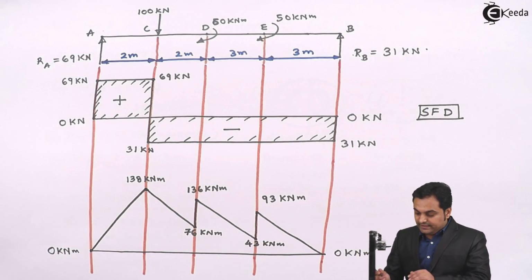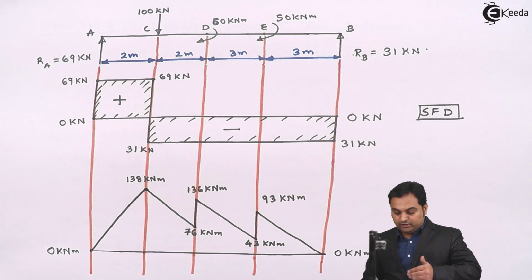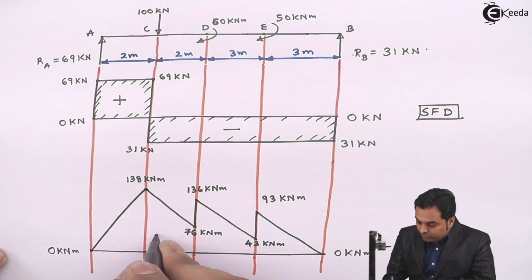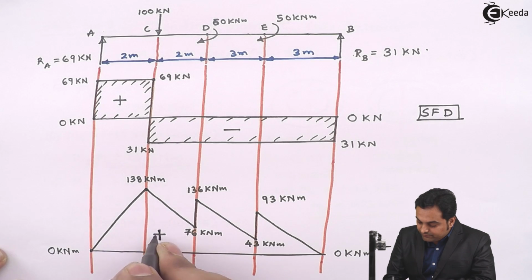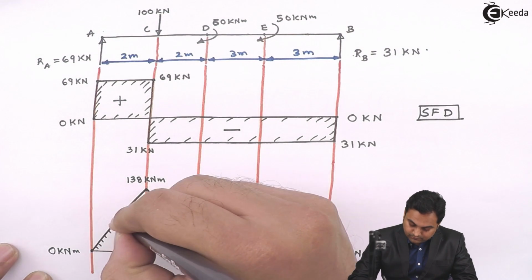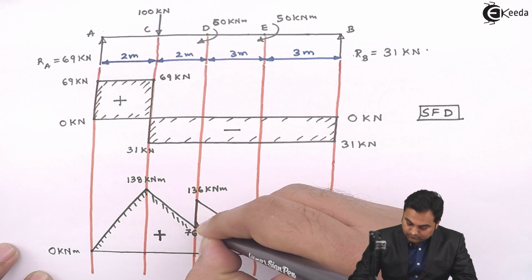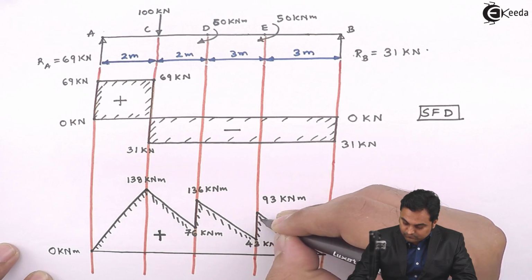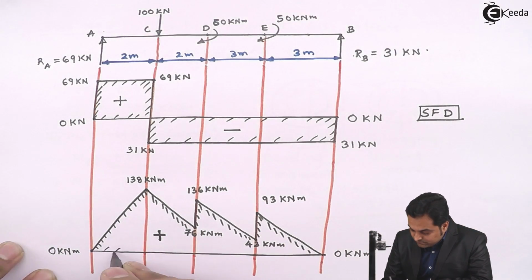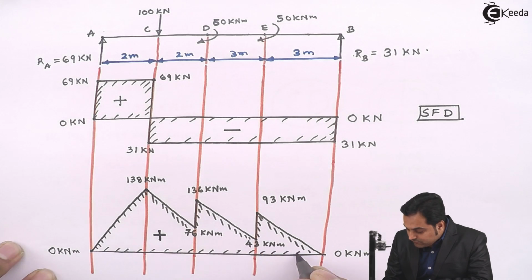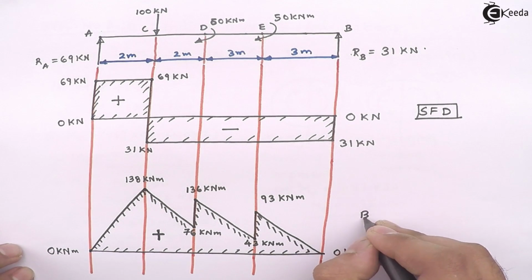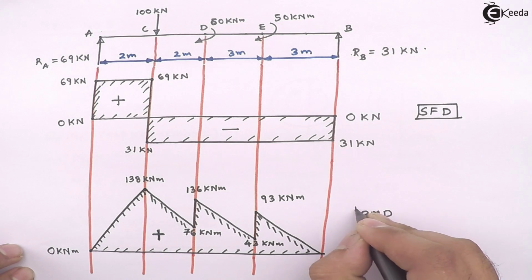Now, since I can see this bending moment diagram is drawn above the line, all the values of bending moment are positive. So this is the bending moment diagram.